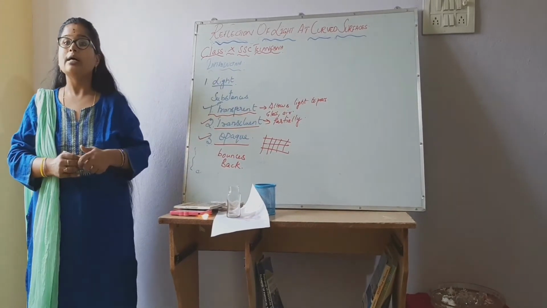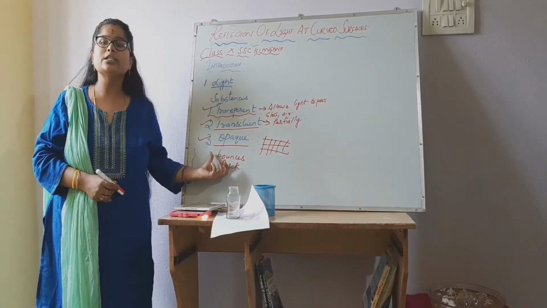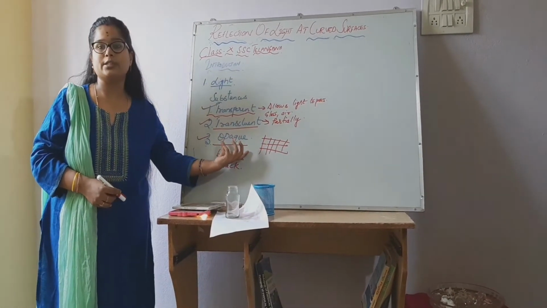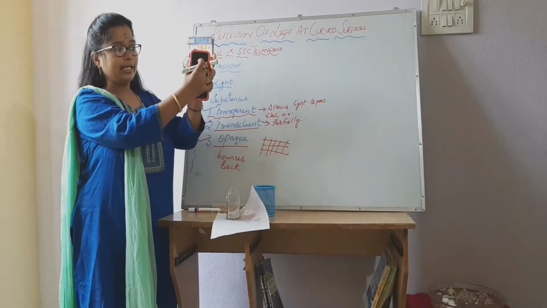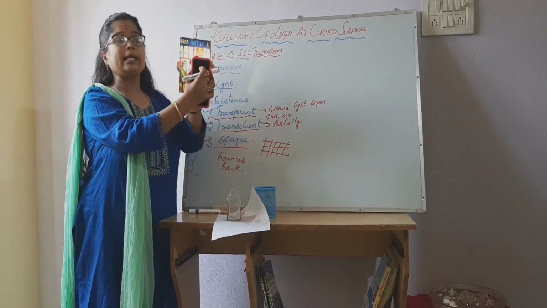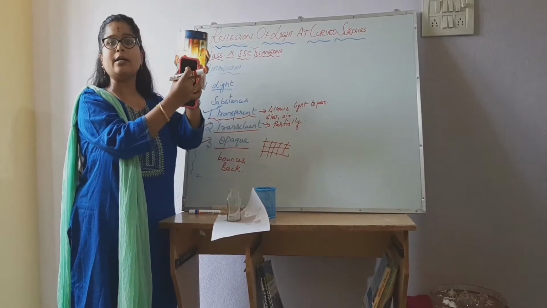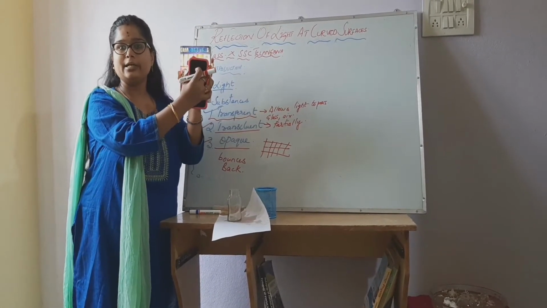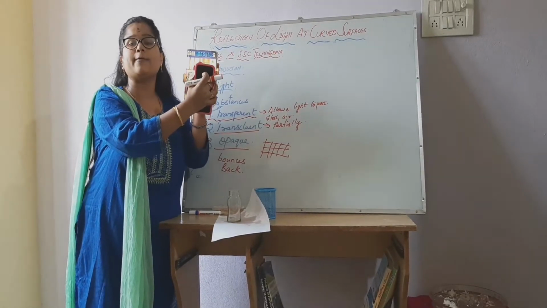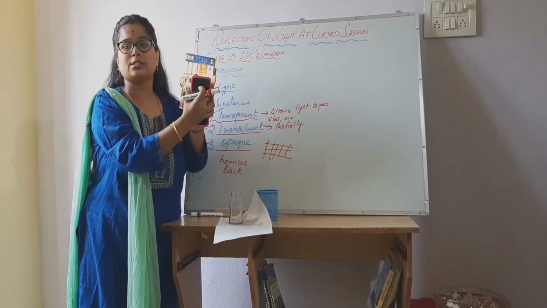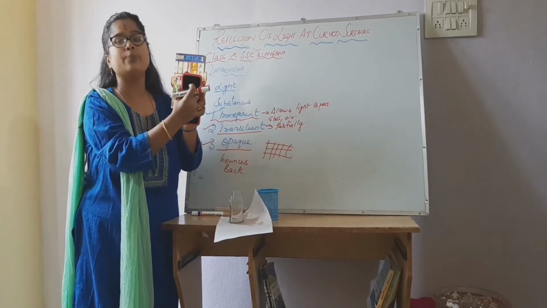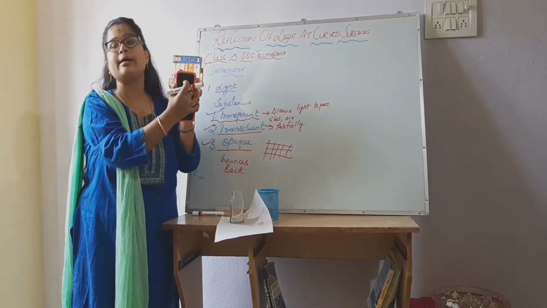The same phenomenon is followed by an opaque object. As light strikes this object, the object does not allow light to pass through it. So what happens? Light bounces back. In simple language, light comes back.